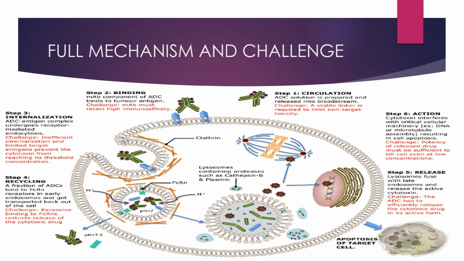So a proper antibody drug conjugate is made, and it needs to get inside the body. What are the challenges in this? A stable linker is required to limit non-target toxicity. As I already said, the linker is one of the important things in this whole process. If the linker is not properly attached, it can release at any time, and that leads to severe disease in cancer patients.